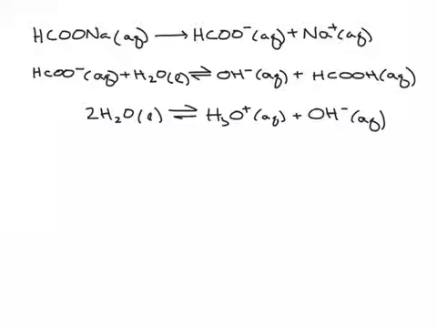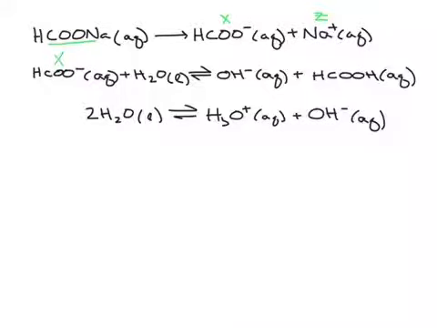Let's assign variables. Again, we're going to ignore sodium formate because it's a completely soluble salt. Formate we'll give X. Sodium plus can be Z. And I'm just following along with the variables that the handbook is using.